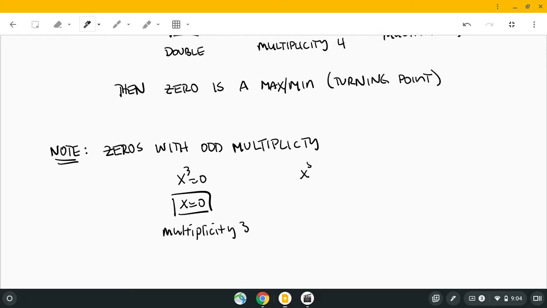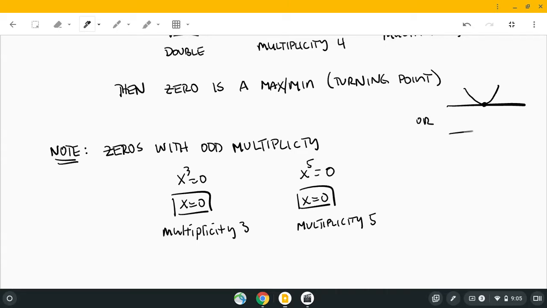And if you have x to the 5th, then x equals 0, and this has multiplicity 5. That's what I mean by odd multiplicity.